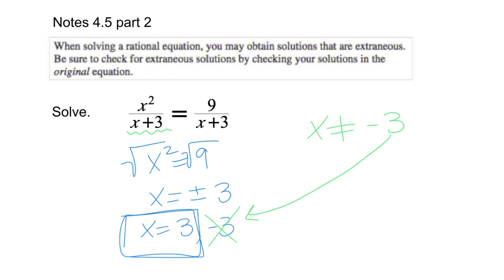In Algebra 2, we call that an extraneous solution. When we solve and we get it as a solution, but it is not possible due to the domain, we call it extraneous. So when you're doing that, you can just cross that one out. All right, let's go to the next problem and see how we do.